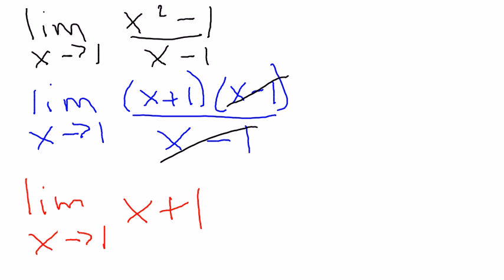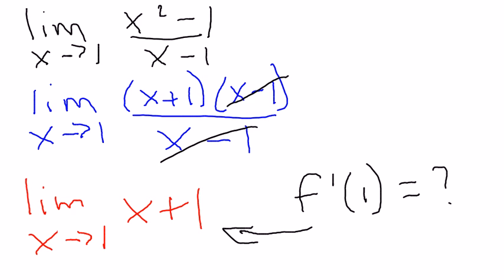Now keep in mind that we are trying to find the derivative at x equals 1. So we plug in 1 into this. So 1 plus 1 equals 2. So that's your answer. But what does this mean?